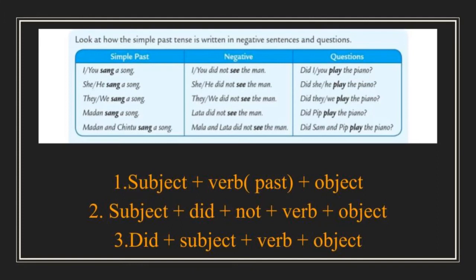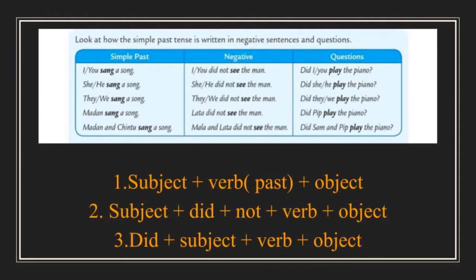Look here, the first one is subject plus verb. It means take the first column, that's simple past tense. Just subject plus verb plus object. First subject, next one is verb, and then object. Verb should be in past form, okay, we don't want to write in present form. All the verbs should be in past form.